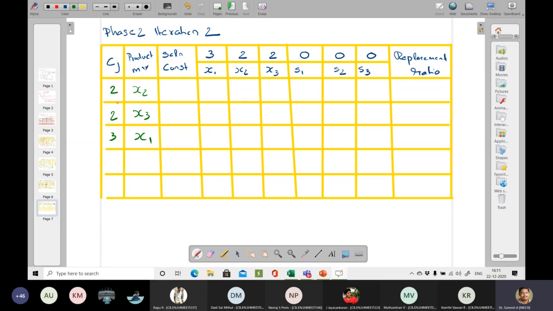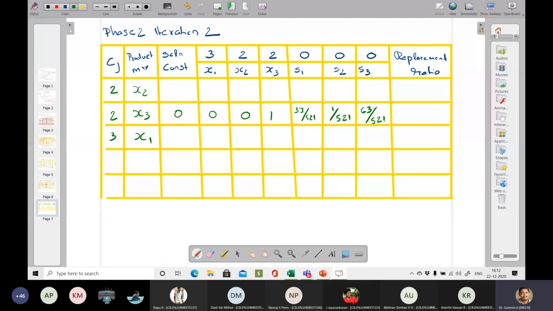So divide by the key number; the solution constant x3 becomes 0. Next is also 0, next is also 0, 1, 37 by 521, 37 by 521. This is 1 by 521.